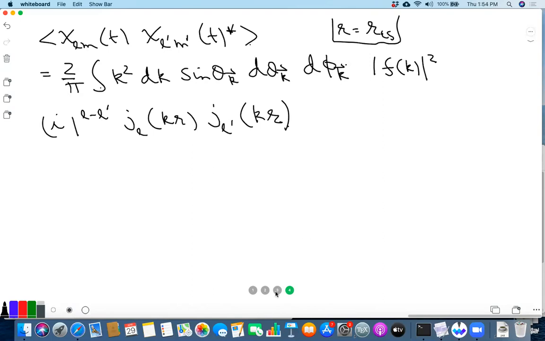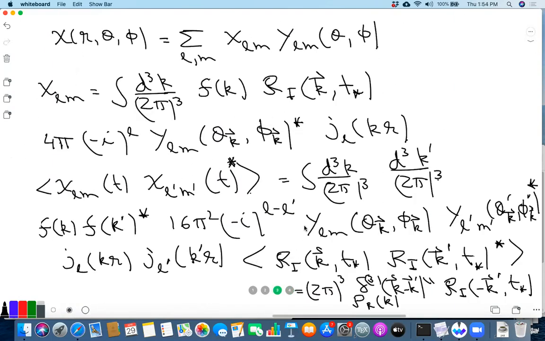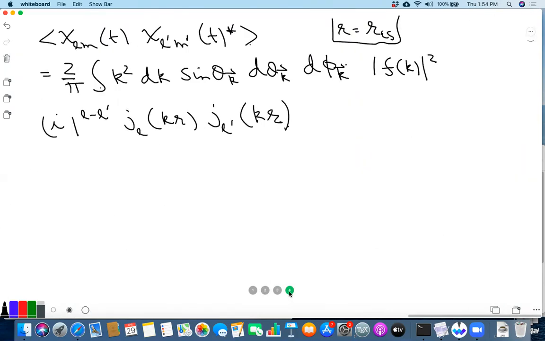What else do you have? You have the Y_LMs, Y_LM theta_k phi_k, Y_L'M' theta_k' phi_k' star. But because k' and k are the same, this argument gets changed to theta_k phi_k. So you have Y_LM theta_k phi_k, Y_L'M' star theta_k phi_k.